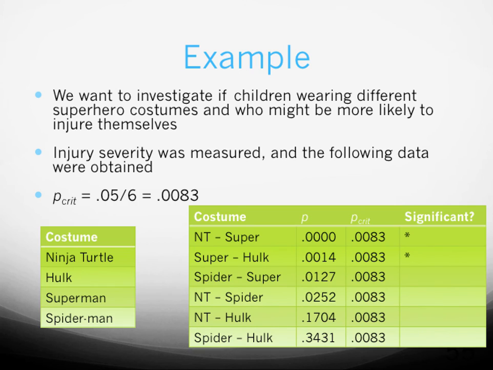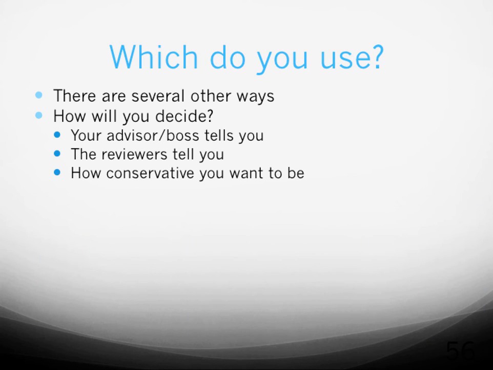So we can see here that there's a bit of wiggle room in this middle, this gray area, where it's not significant enough for the Bonferroni correction, but it's also not significant enough with the regular p-value to bump it down. So there is more than one type of post hoc test, and which one are you going to be doing?